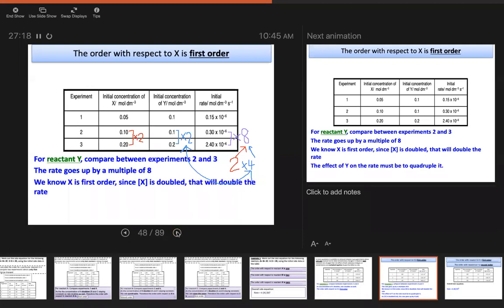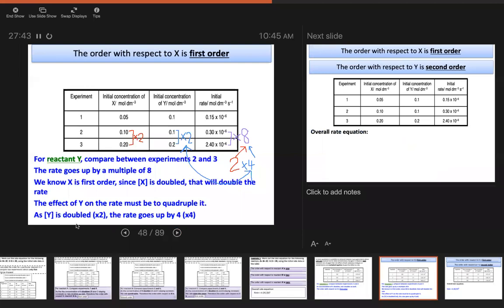So for reactant Y, comparing experiments 2 and 3, the rate goes up by a multiple of 8. We know X is first order. Therefore, since X is doubled, that will double the rate as well. So the effect of Y on the rate must be to quadruple it. This is the explanation in mathematical-ish form, and this is the explanation in words. Make sure you copy both. As Y is doubled, times 2, the rate goes up by 4, times 4. And please also copy this down.